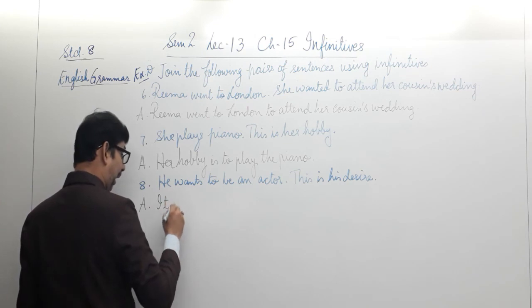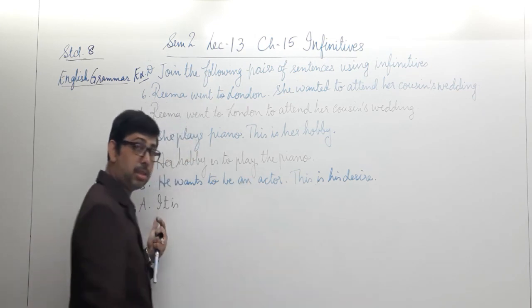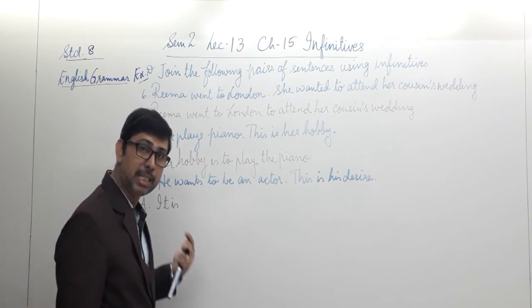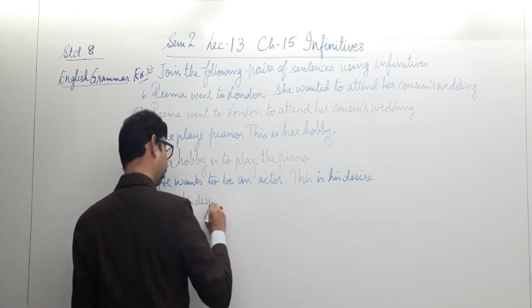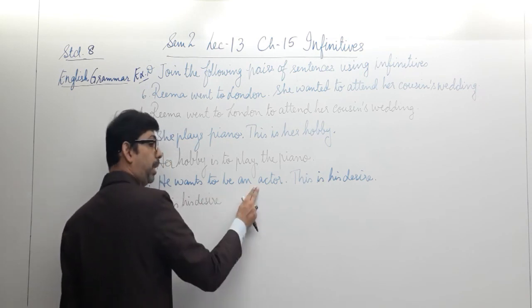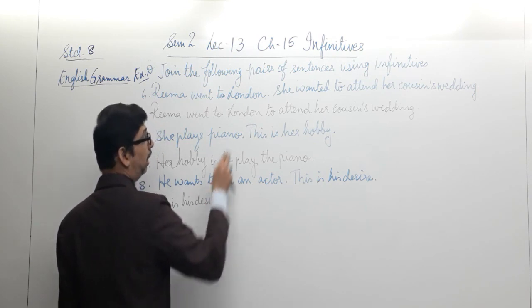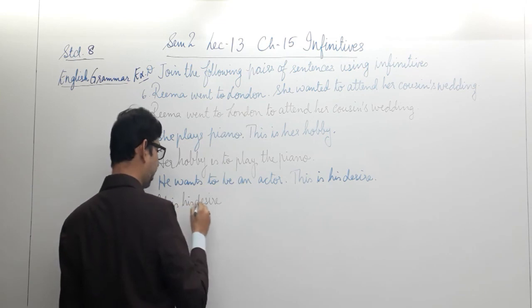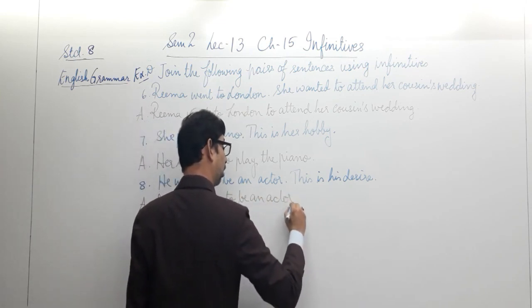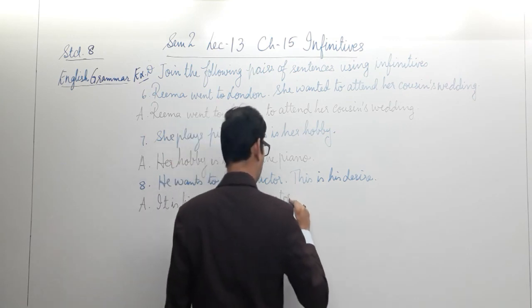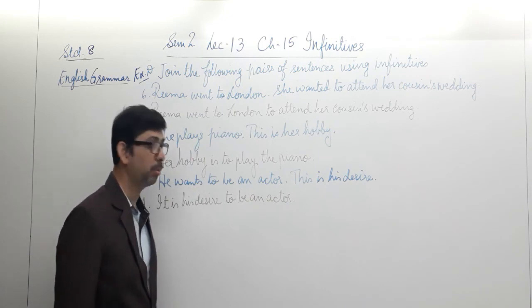So we are using this just like we did in the first exercise, exercise A. It is his desire, what? To be an actor. So we have the infinitive given in the first sentence unlike the other sentences. It is his desire to be an actor. So the 7th and 8th one were different from the rest of the sentences. It is his desire to be an actor.